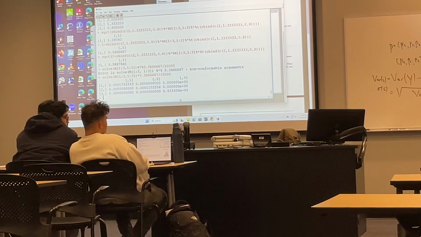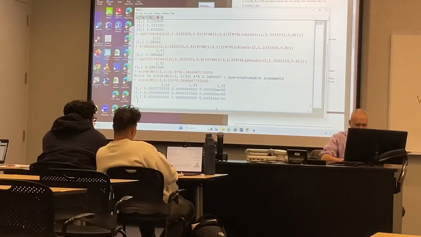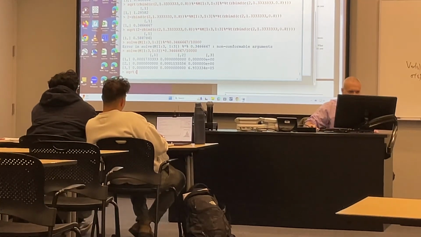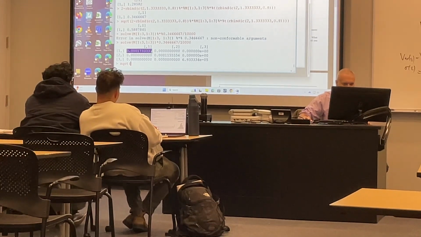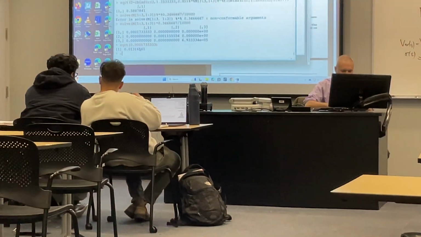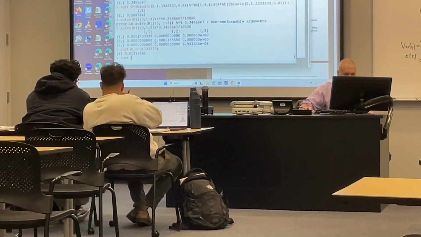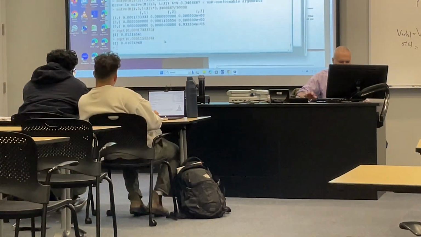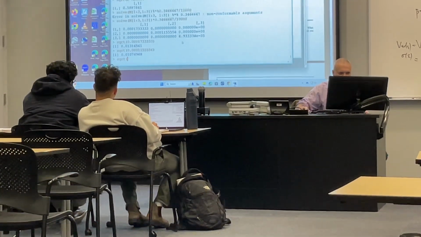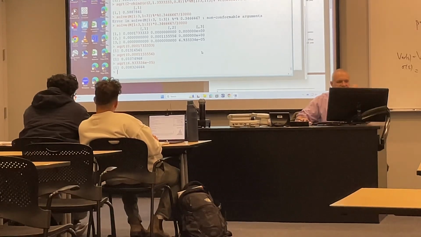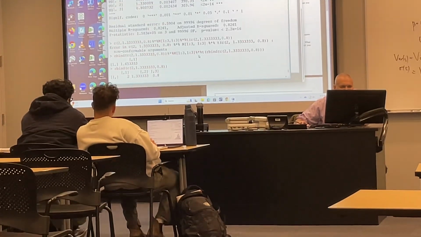Now, if I want to find the standard deviation of the first one, it is the square root of this, for the first one. For the second one, you want to find this. And for the third one, you want to find this. And now you compare it with the simulation.